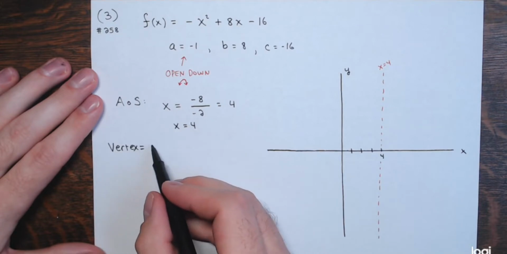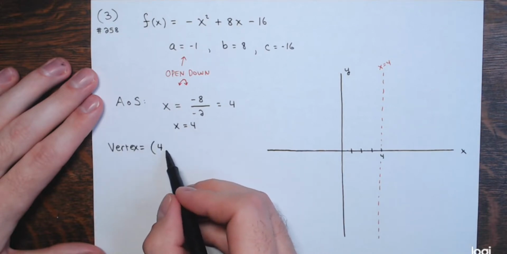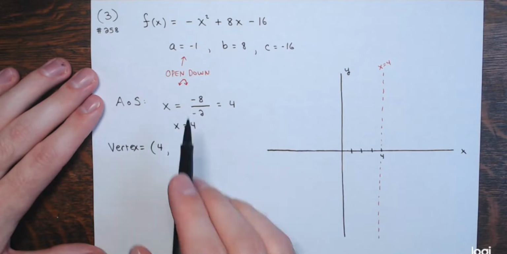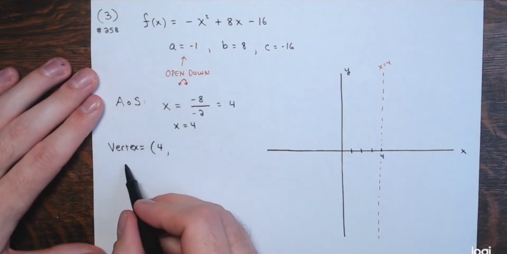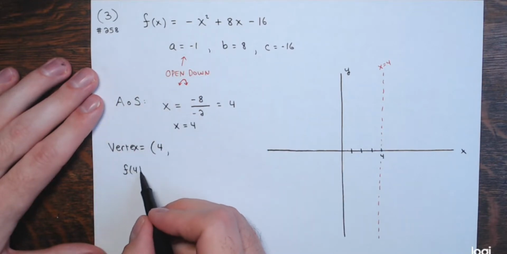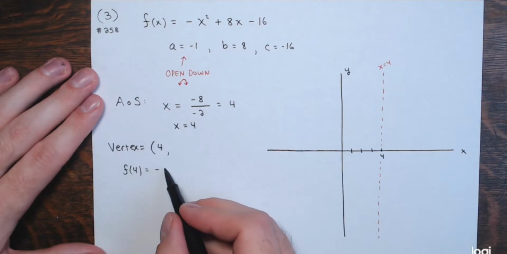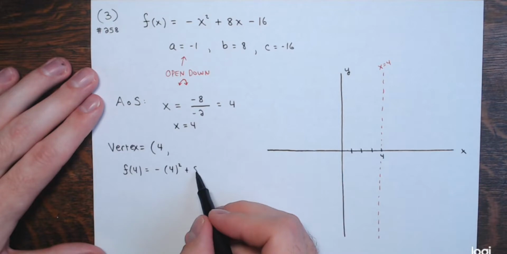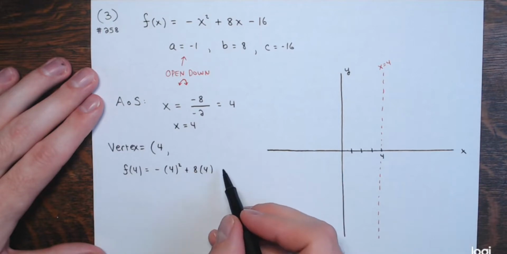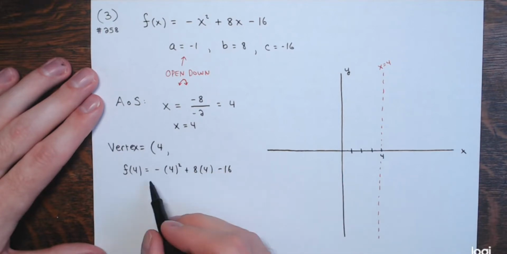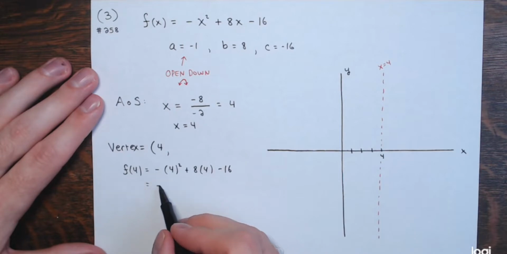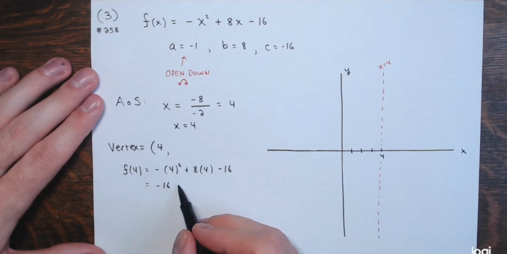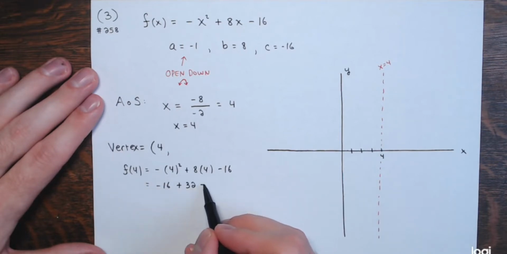The vertex is going to have an x coordinate of 4, and then I need to find the output, what's f of 4. So that's -1 times 4 squared plus 8 times 4, and then -16. So this is -16 plus 32 minus 16.